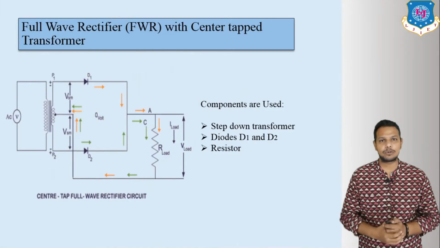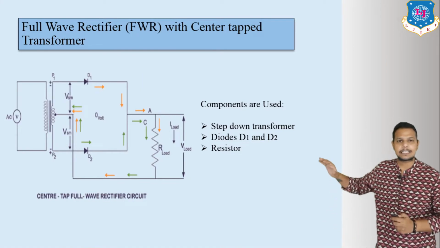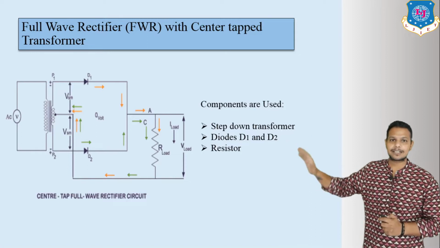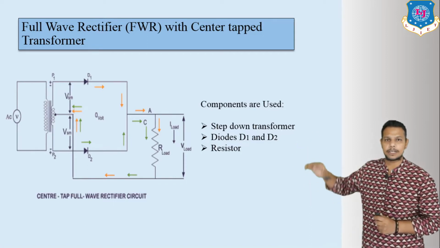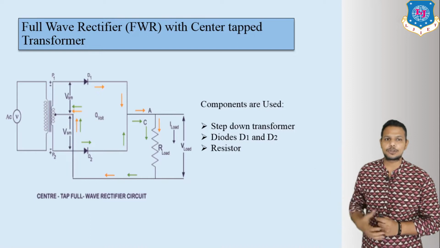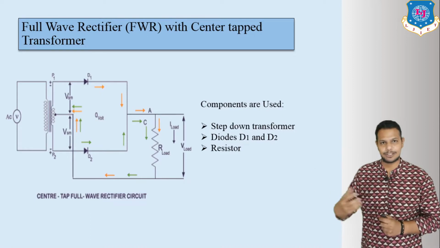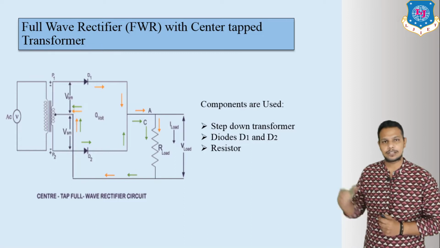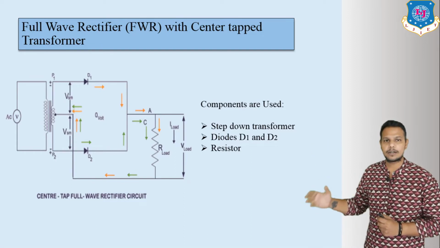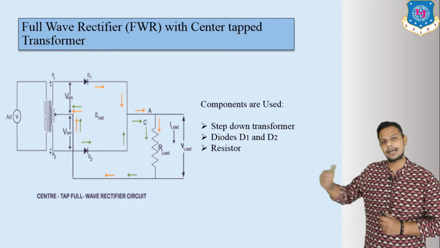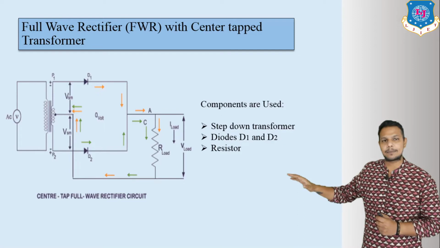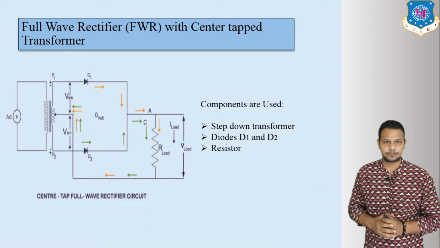Let us discuss the full wave rectifier with center tapped transformer. Here we can see its circuit diagram. In this circuit, we use a step down center tapped transformer along with two diodes, D1 and D2, and a resistor at the output terminal. RL is the load resistor.